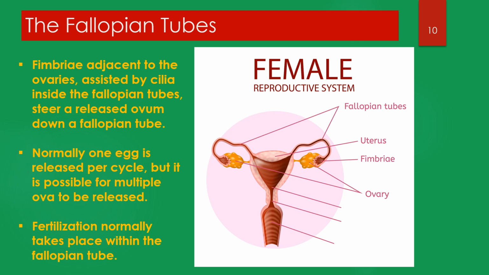There are cilia in the inner part of the tubes that further push down the egg into the fallopian tube. Most fertilization takes place in the fallopian tube and, after that, the fertilized egg travels to the uterus where it implants. If there is no fertilization, the egg degenerates and is absorbed into the body and menstruation begins.